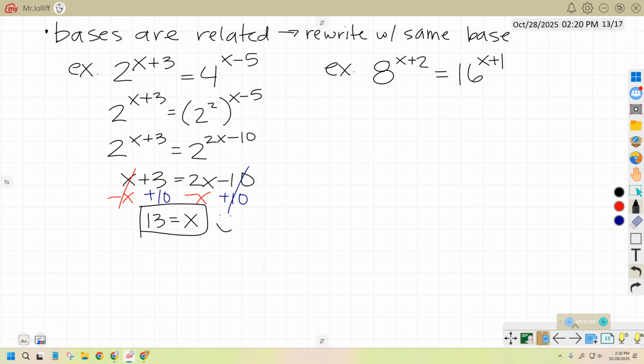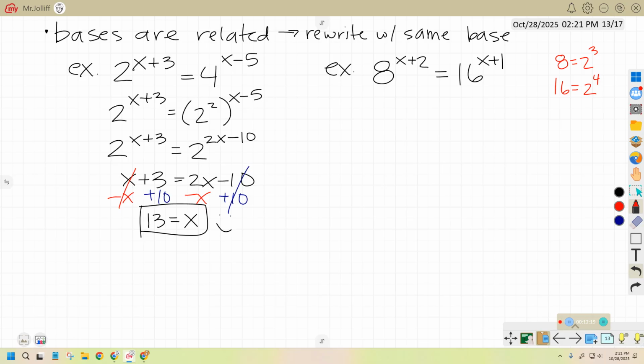8 times 8 is 64. But both 8 and 16 are powers of another number. I know 8 is 2 to the third from the last question. What about 16? 16 is 2 to the what? 4. I need another 2 to turn 8 into 16. Yeah.